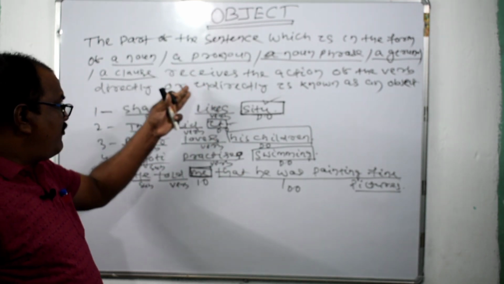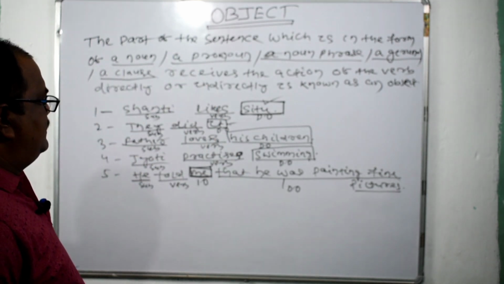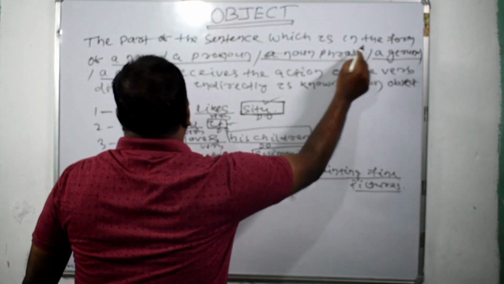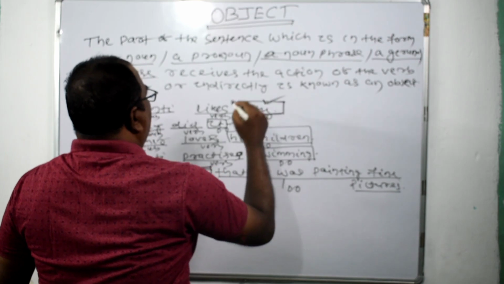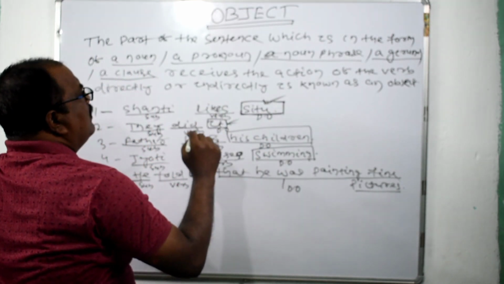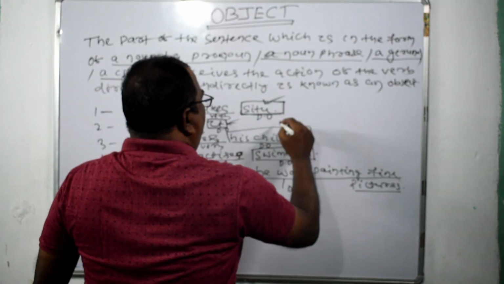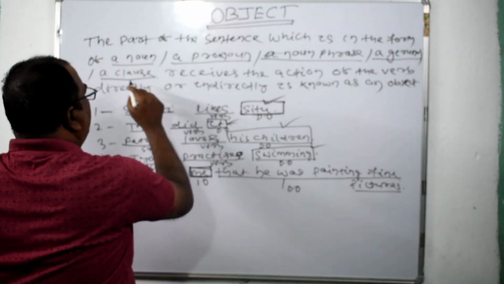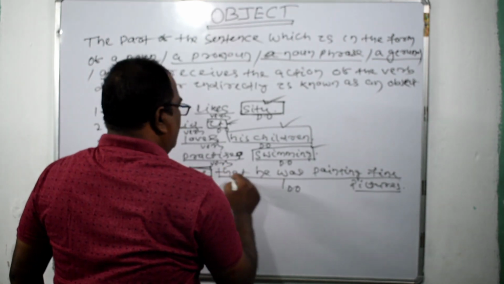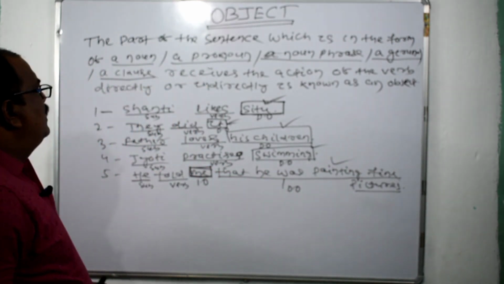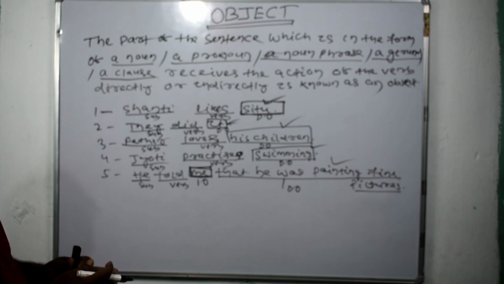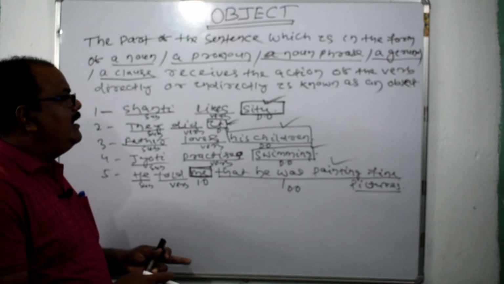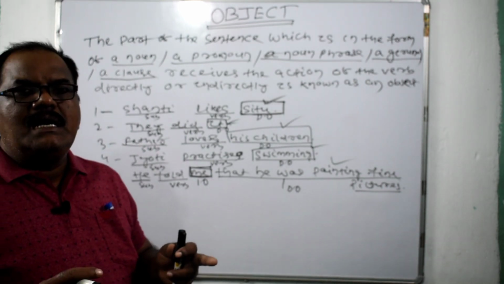So as per the definition of object, the part of the sentence which is in the form of a noun, a pronoun, or a noun phrase, or a gerund, or a clause, receives the action of the verb directly or indirectly, is known as an object.